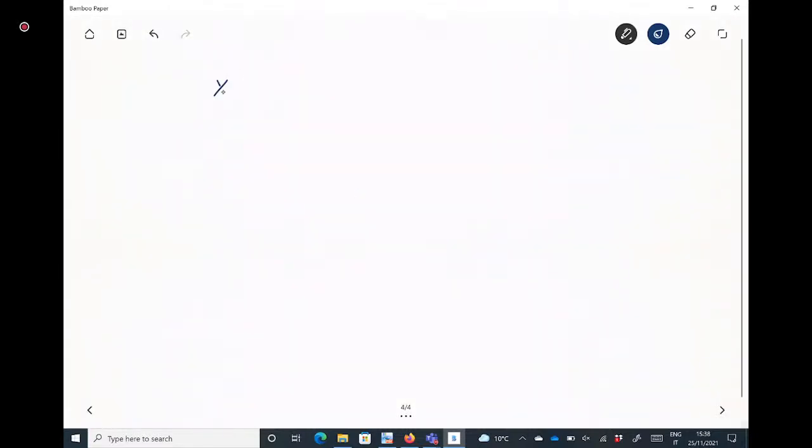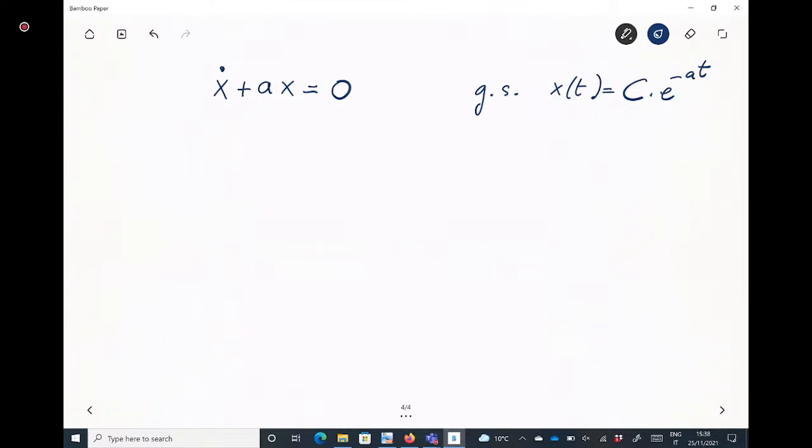This system is the constant growth model. Its general solution is x(t) equal to c times exponential of minus a t. Okay? This is the constant growth model. So basically, here we have the case b equal to 0.